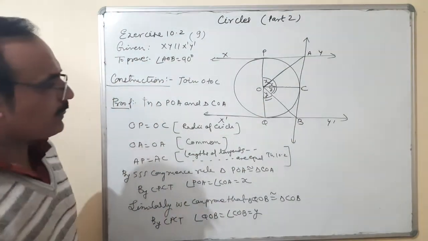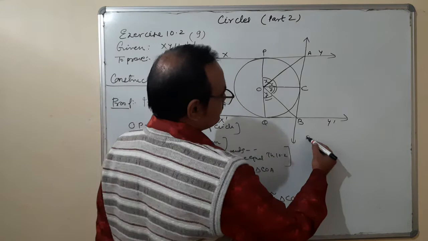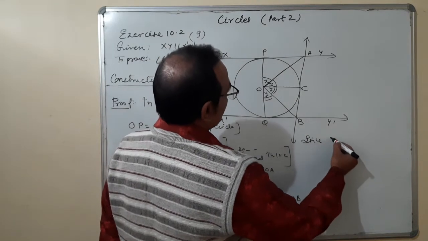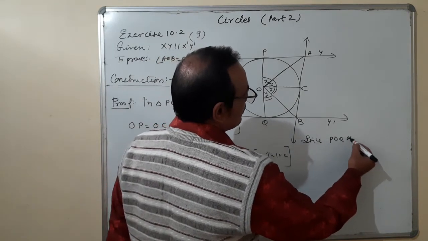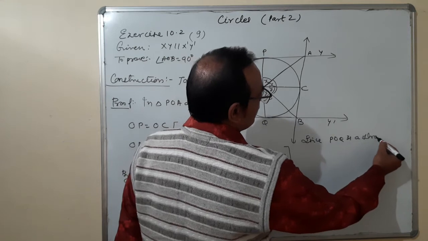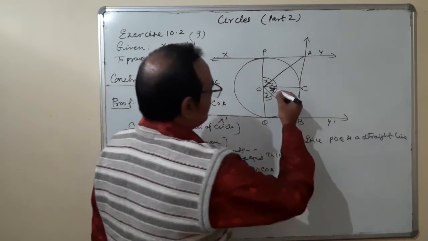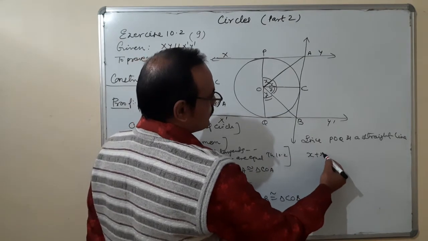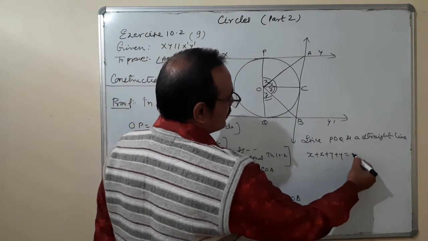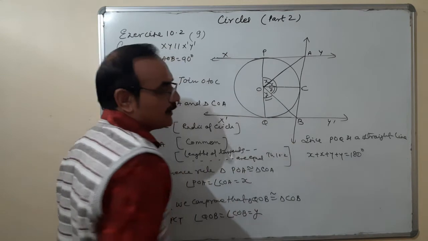Since POQ is a straight line, therefore x plus y is equal to 180 degrees.